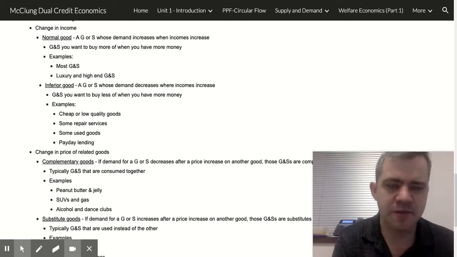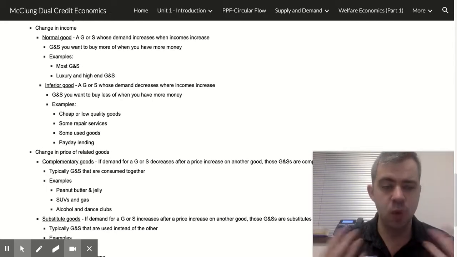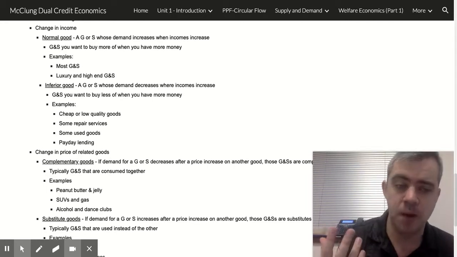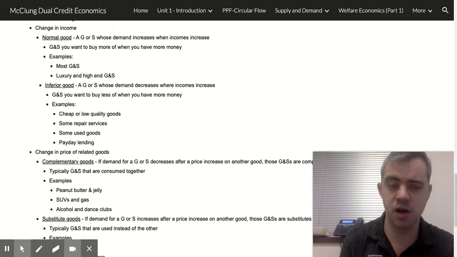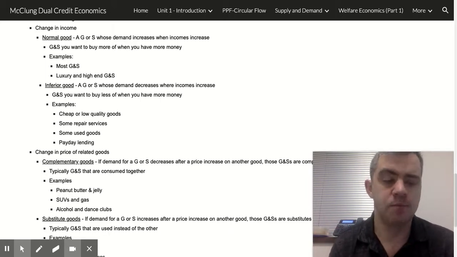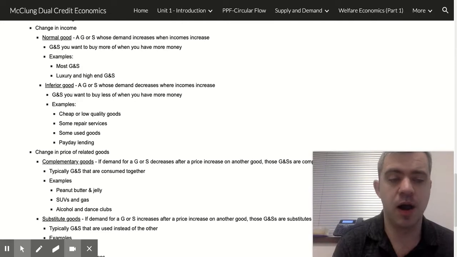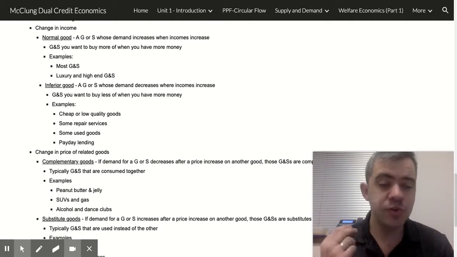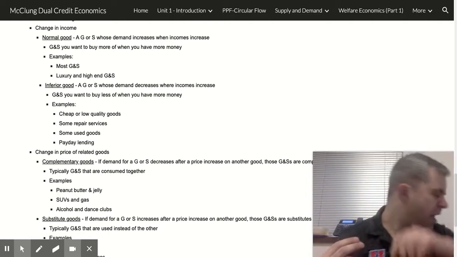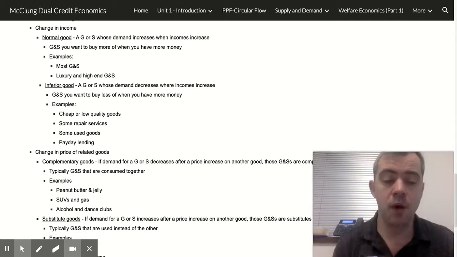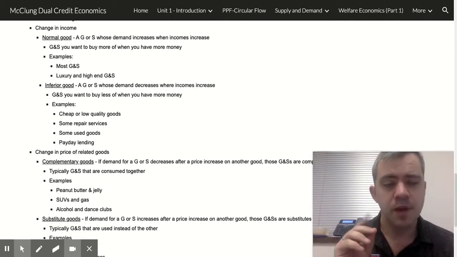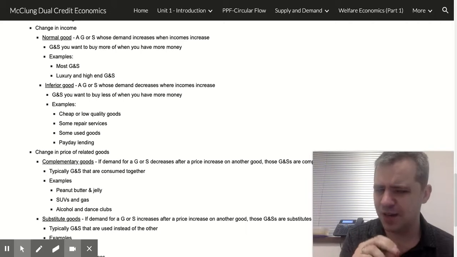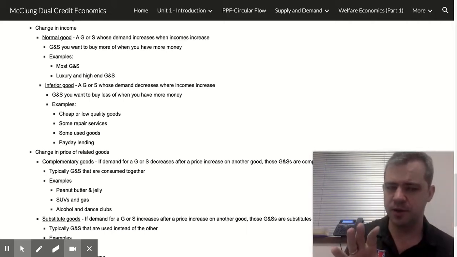If I have more income, I'm willing to spend a little more on a car, or I'm at least more likely to buy a car at a given price. As I get more income, most goods I'm going to want to buy more of. But that's not true for every good.